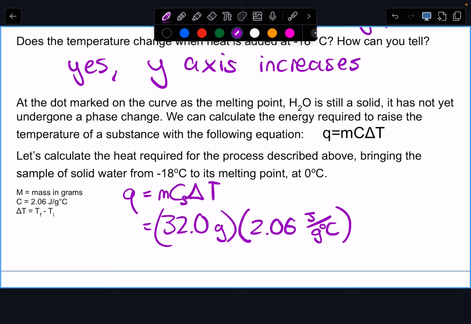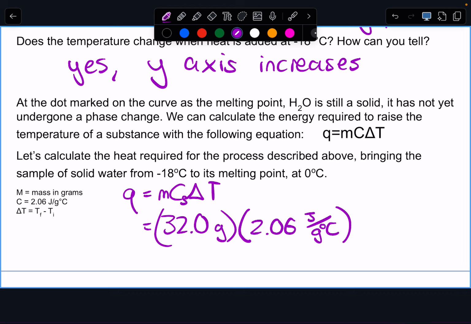So we know this value should be positive because heat is being added. This is just another good verification. When we do the calculation, we end up getting a positive value. Not 26, 2.06. There we go. So this comes out to be, let's see, I'm not going to do anything with sig figs yet.